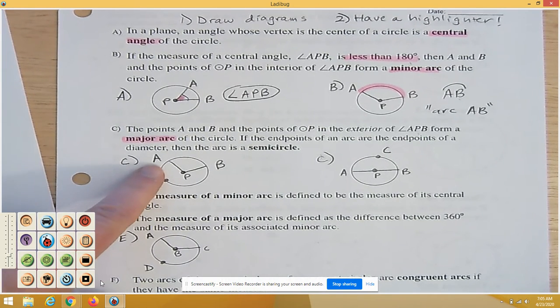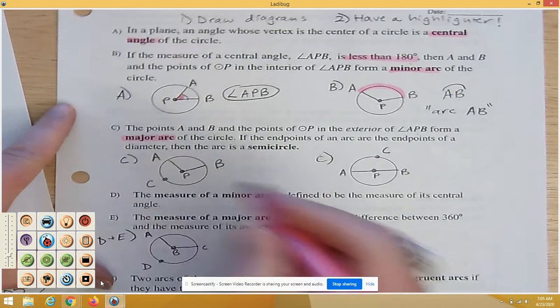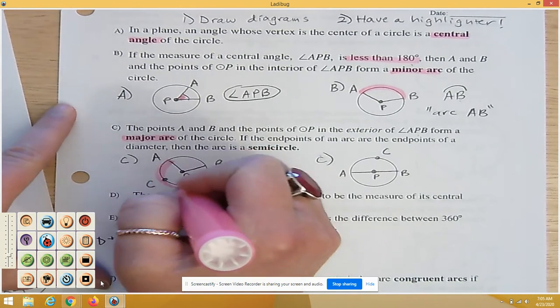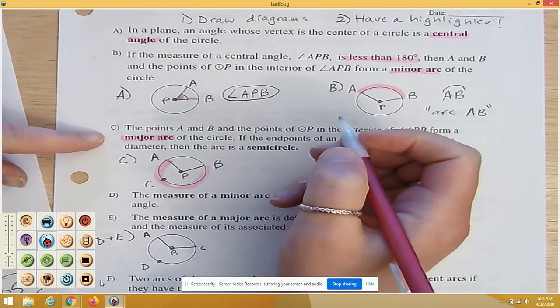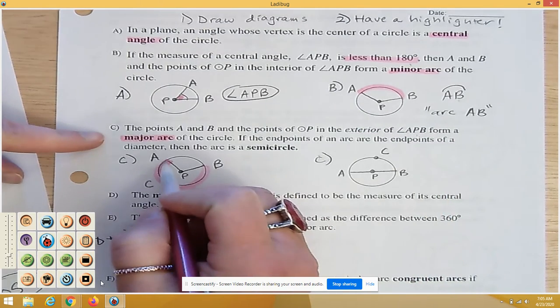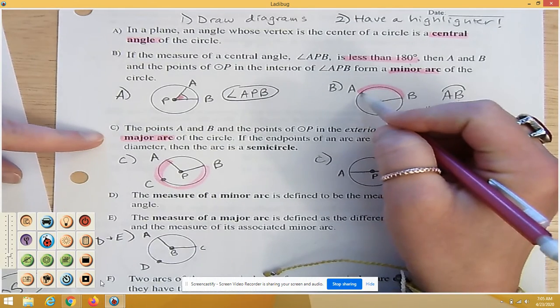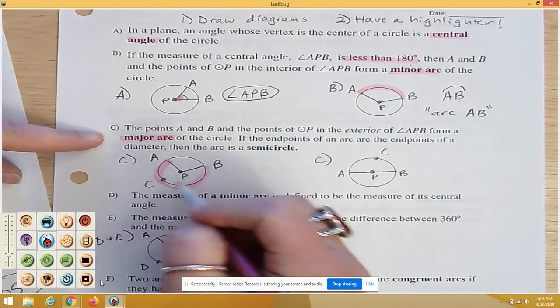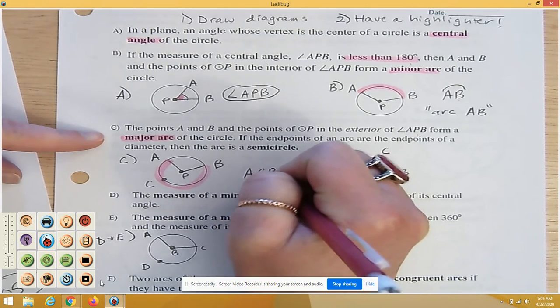So over here, we're looking at this arc here. What if I went the other way and I'm not between 0 and 180 and I'm between 180 and 360? Now that's called a major arc. And this kind of tells you the direction that you're going. So back here, we went the shortest route from A to B. Now we're going to take the scenic route, and I'm going to call this arc ACB.